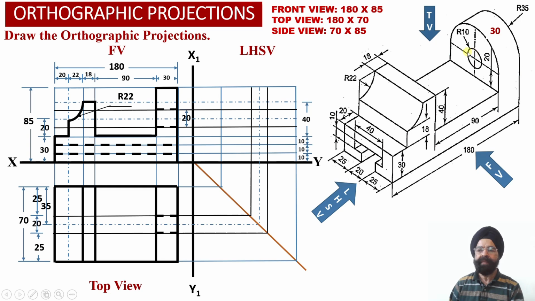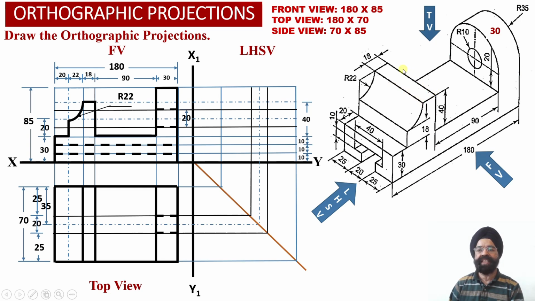And another thing, because this circular hole is not visible to the observer from the top, we are going to obtain the dotted line or hidden line projections corresponding to the circular hole into the top view projections over here. Next we have got this rectangular surface.